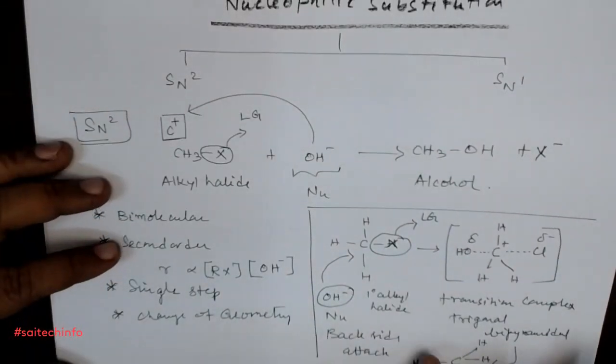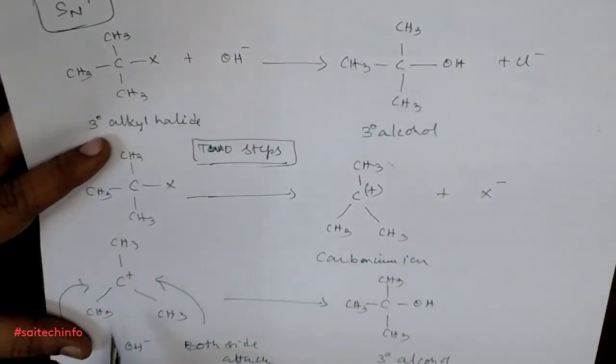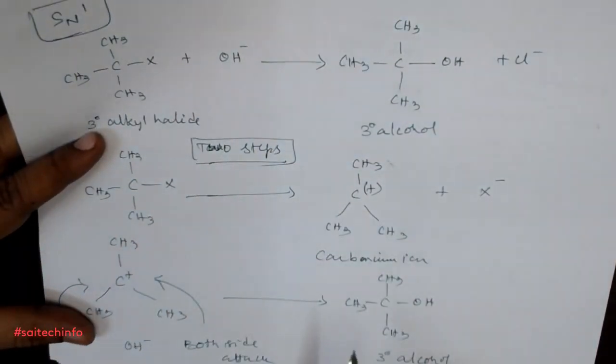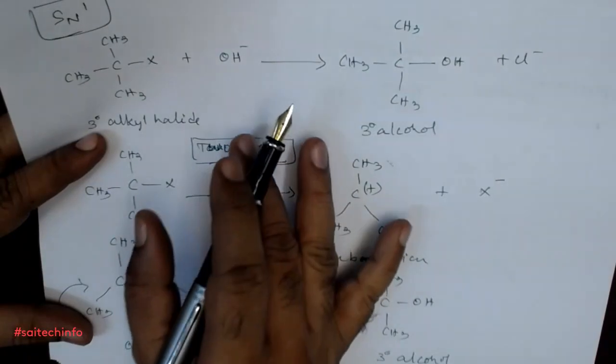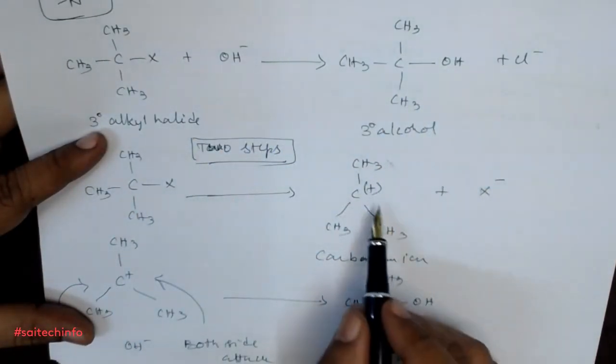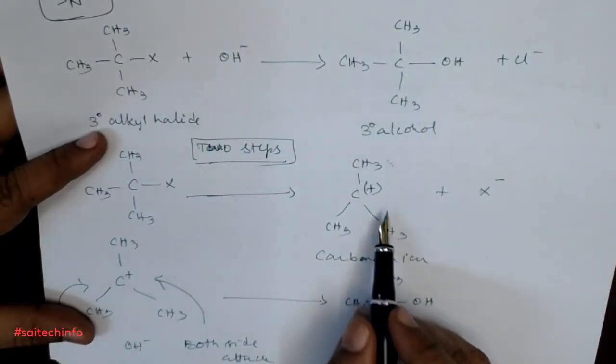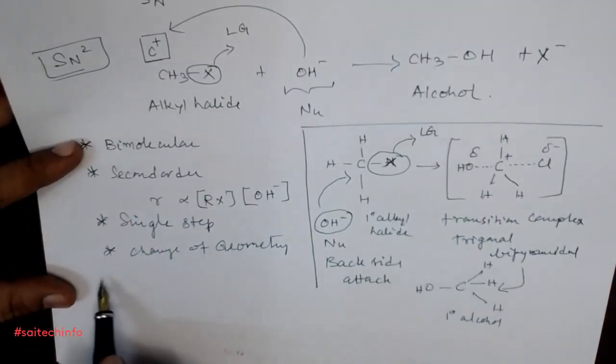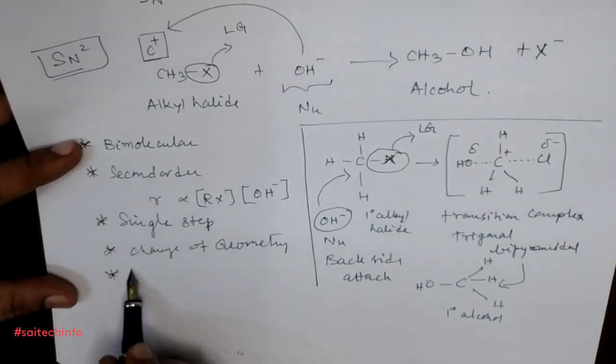And there is no change of symmetry. And here polar solvents influence in the case of Sn1 because the formation of cation is very important. So polar solvents influence, and here polar solvents do not influence.